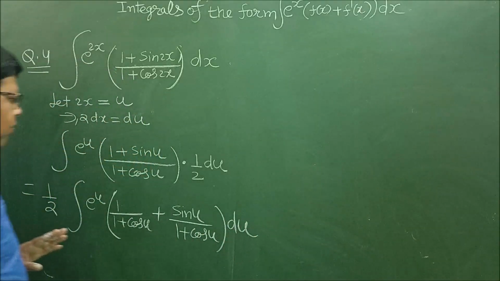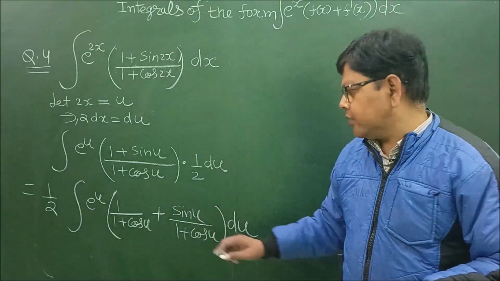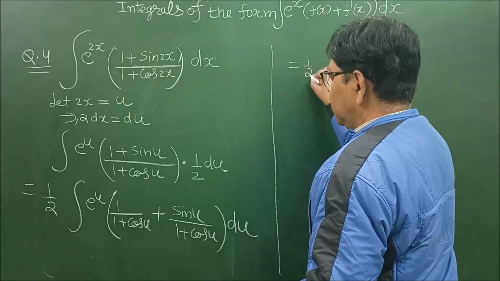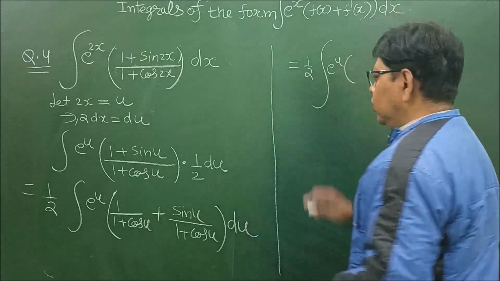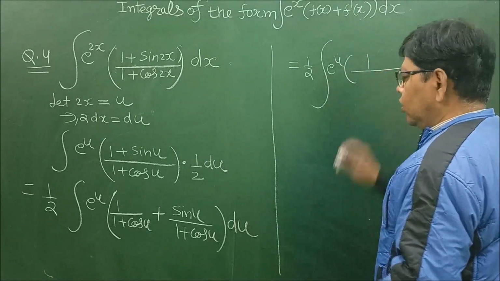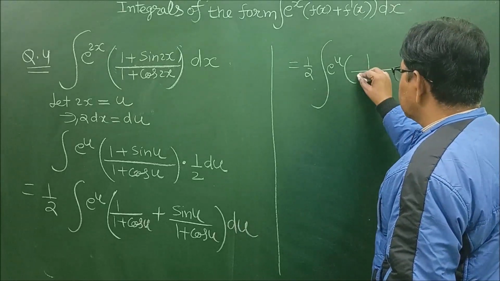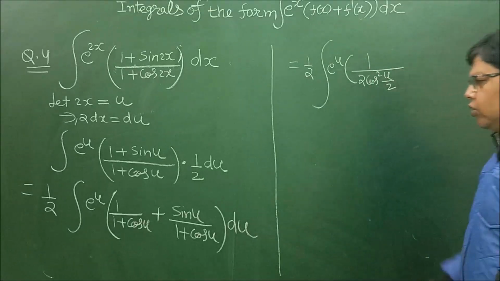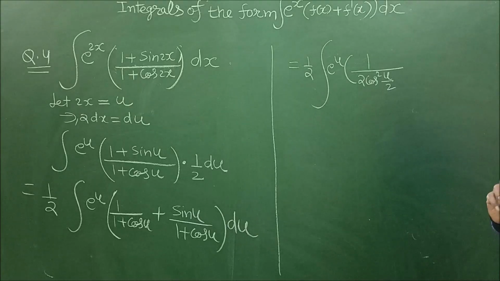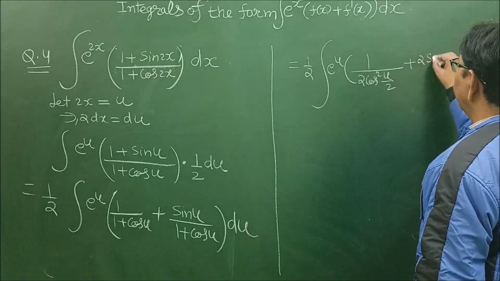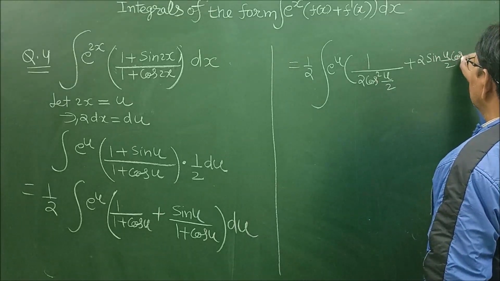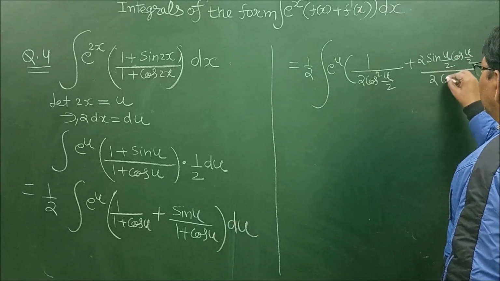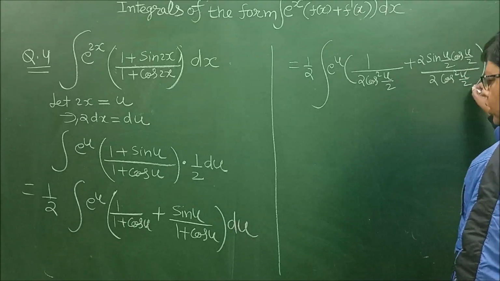Now using trigonometry to simplify it, this is equal to half e raised to the power u into 1 upon (1 plus cos u). 1 plus cos u is equal to 2 cos square u by 2, because cos u is equal to 2 cos square u by 2 minus 1, plus 2 sin u by 2 cos u by 2 divided by 1 plus cos u again equal to 2 cos square u by 2, du.